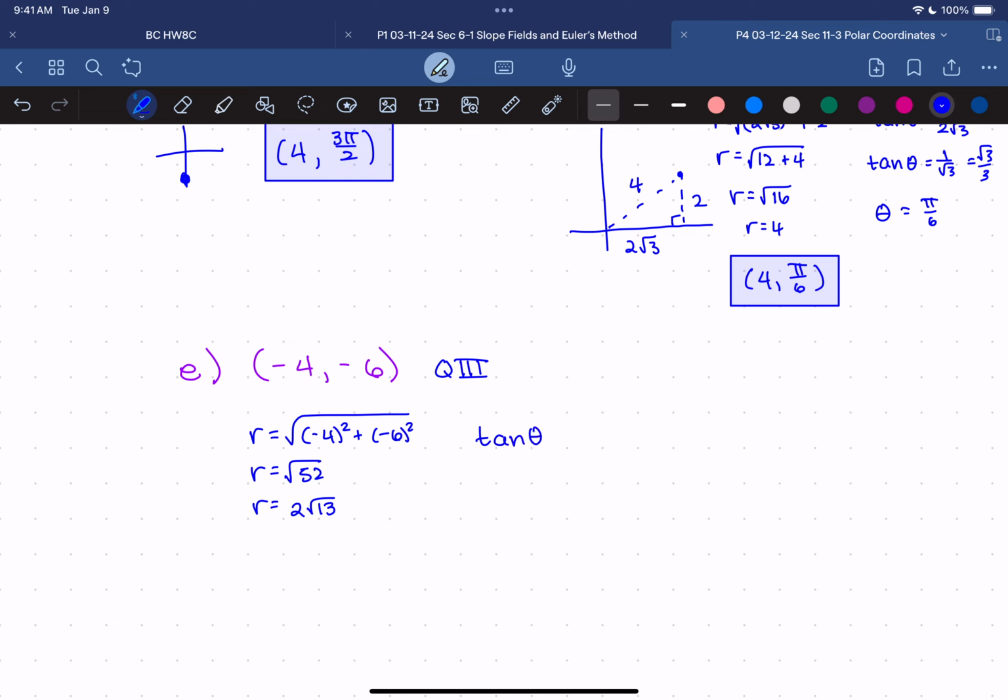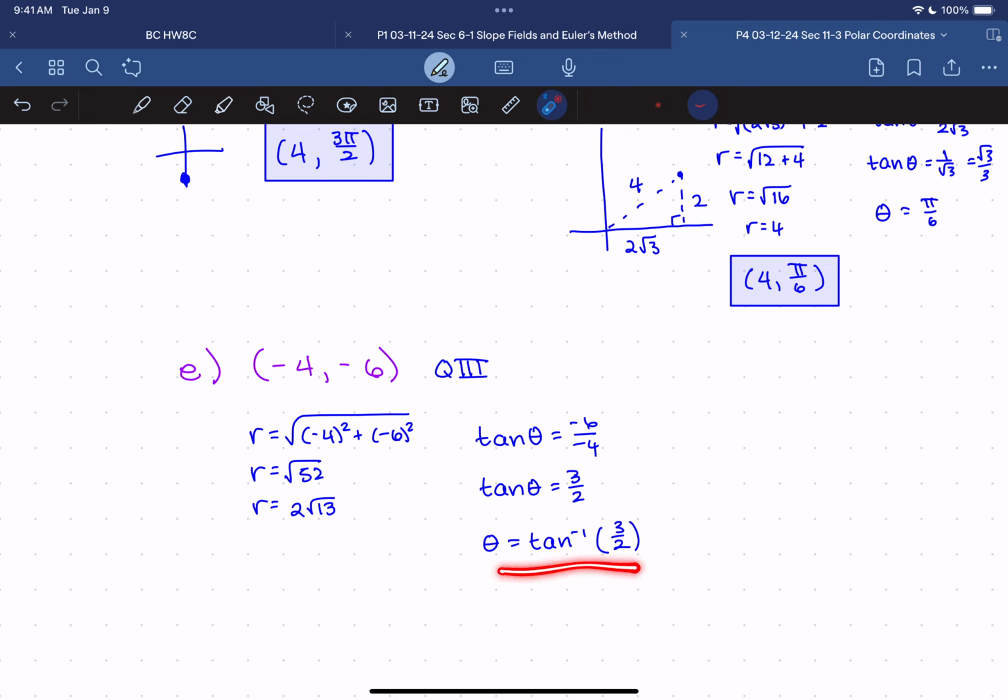Tan theta is y over x, which will be positive, and actually I can even reduce it to positive 3 halves. So theta is, well, it's not tan inverse of 3 halves. If I leave it like that, this is in quadrant 1.